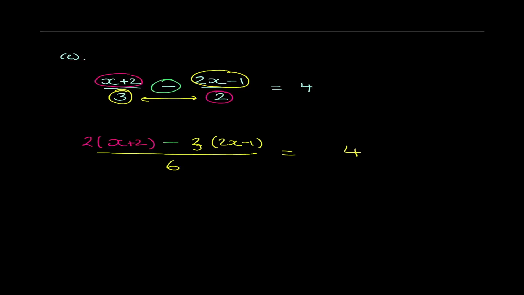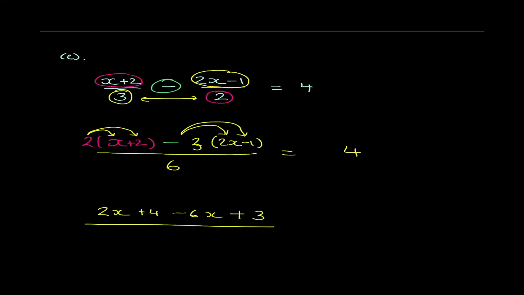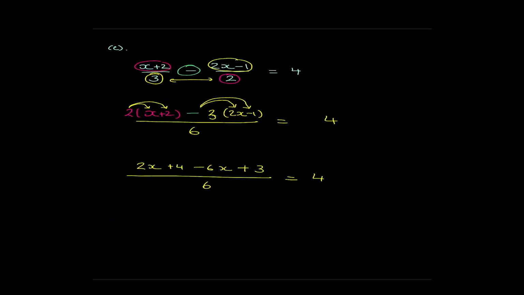Okay, next we can multiply out our bracket, so we're going to do that times that, which is 2x, that times that, which is positive 4, that times that, which is negative 6x, and be careful of this one, double negatives, neg 3 times neg 1 is positive 3, all over 6 equals 4.